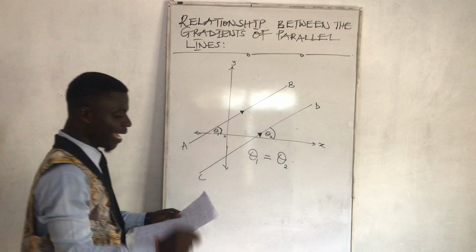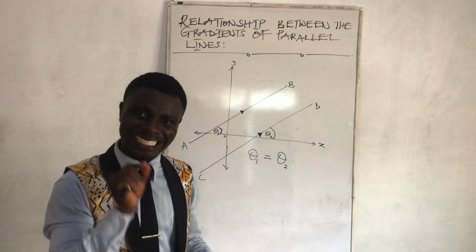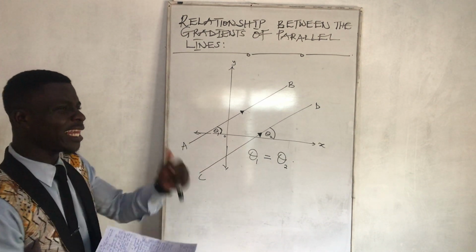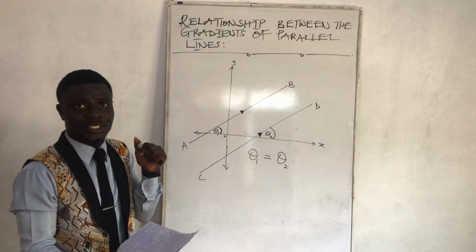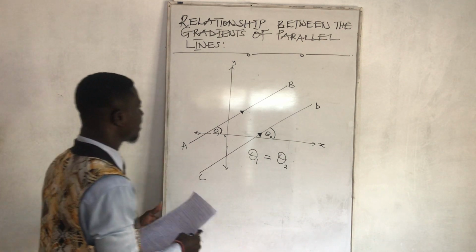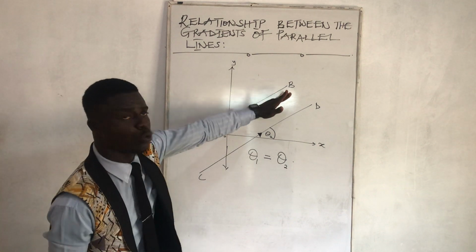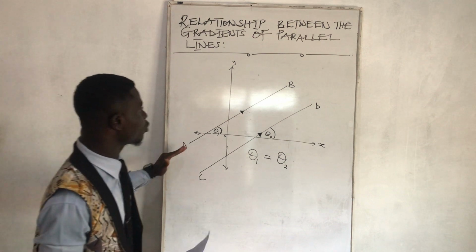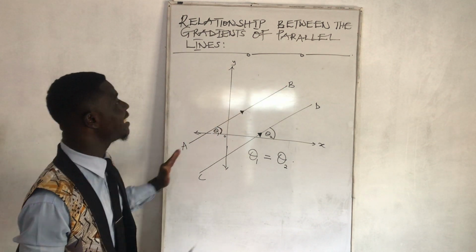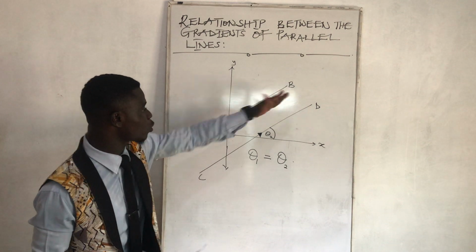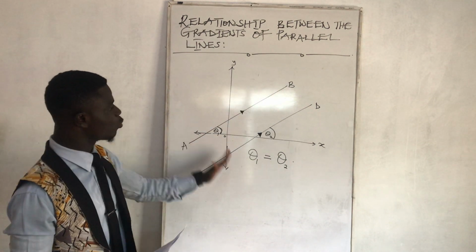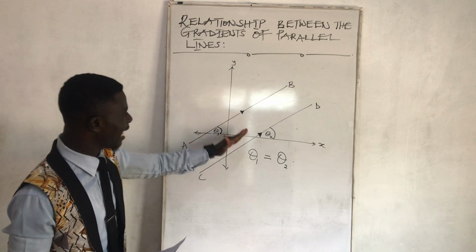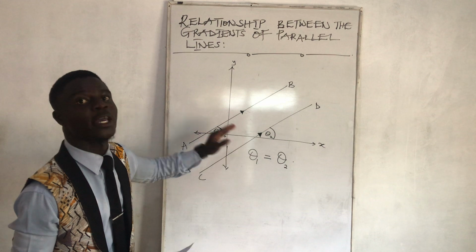Alright, so vector AB and vector CD are said to have equal gradients. Now, in our last two videos, when we were treating gradients of a line, we said that if we have an upward slope, an increasing function, then we get a positive gradient.